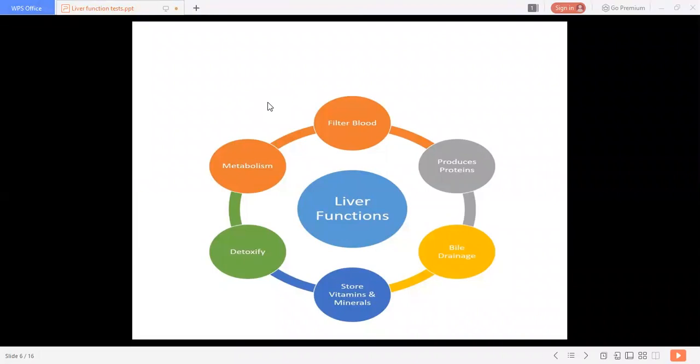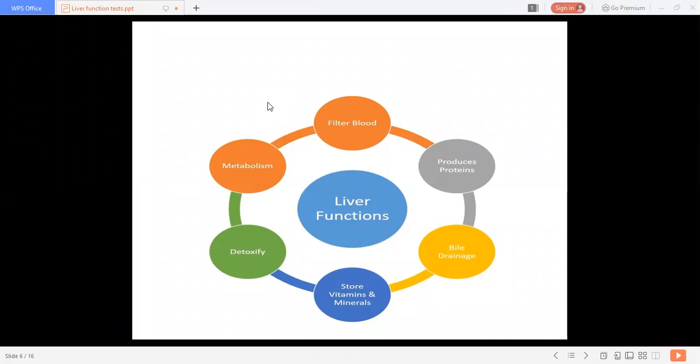Then the second protein is globulin. This is the second important protein which is helpful to evaluate the biosynthesis capacity of the liver. Now there are 4 groups associated with globulin.